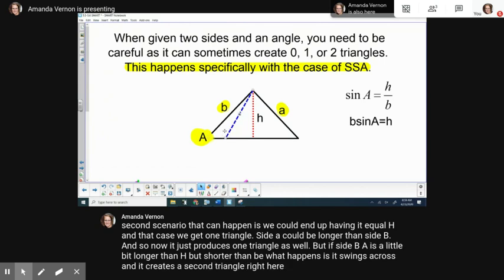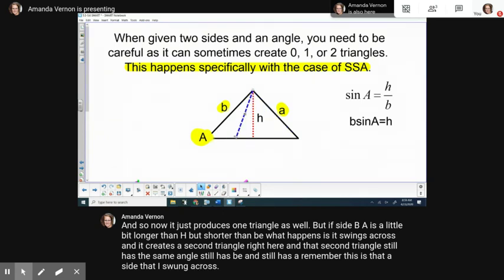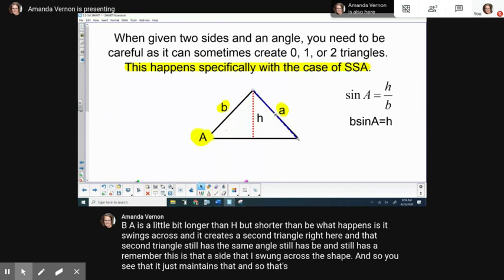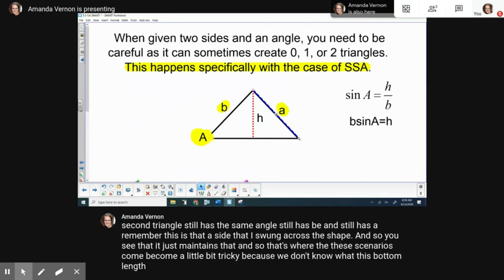That second triangle still has the same angle, still has B, and still has A. Remember, this is the A side that I swung across the shape, and it just maintains that. That's where these scenarios become tricky, because we don't know what this bottom length is, so it could be this short one or this longer one.